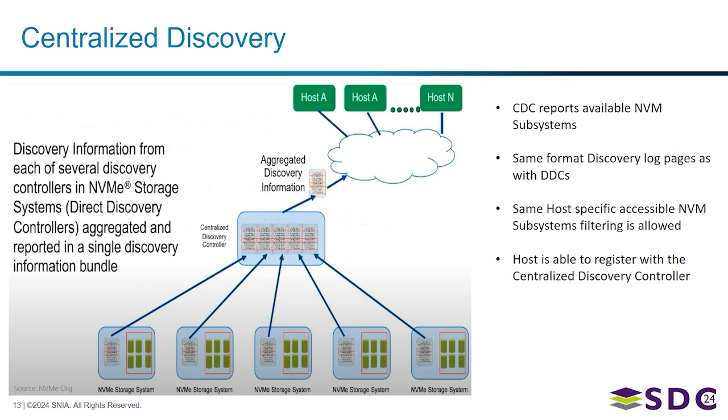Anytime a connection is to be established between a host and a storage subsystem, only that particular discovery information will be processed in the network, instead of having all the discovery information floated around as in the case of DDC. So it's a very simplified process when the CDC is the single point of contact. Whenever you want to connect to a particular target, only that discovery information will be floated, and there is a significant reduction of packets going to the network, and a lot of network bandwidth can be utilized in some other way.